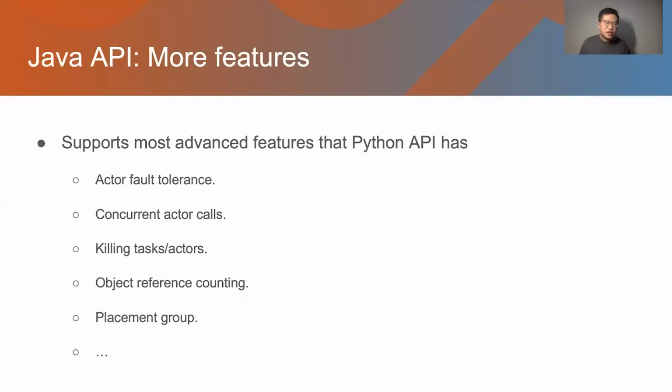Besides the two basic concepts, the Java API also supports many advanced features, including actor fault tolerance, concurrent actor calls, killing tasks and actors, object reference counting, placement groups, and there are many other examples here. Basically, everything in Python is supported in Java as well.